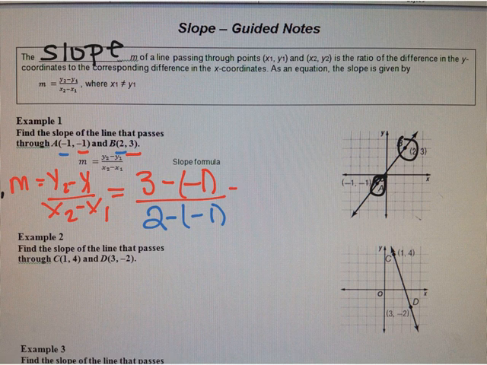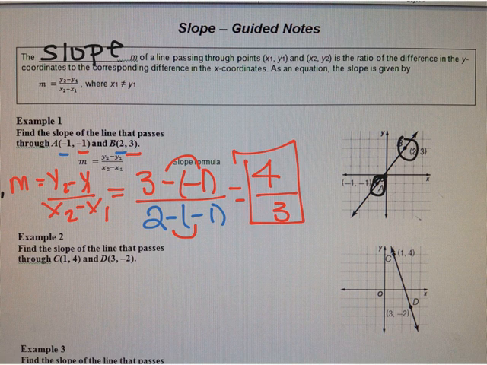Alright, so if we keep simplifying this, these two negatives become a positive, so we have 3 plus 1, which is 4, and these two become positive, which is 2 plus 1, and that is equal to 3. So my slope is equal to 4/3.